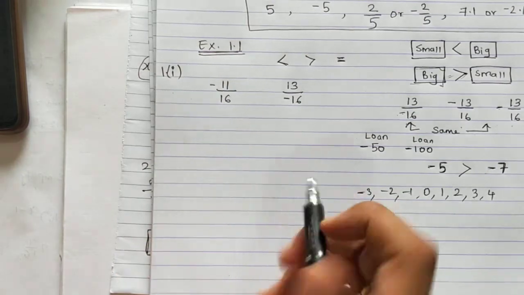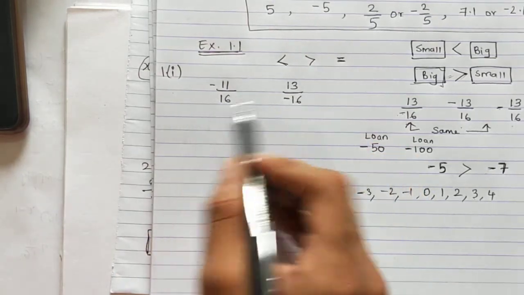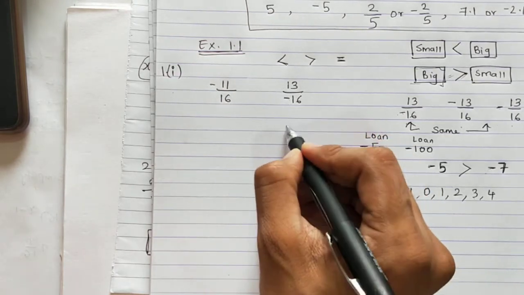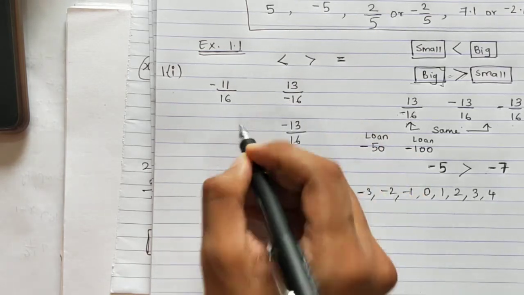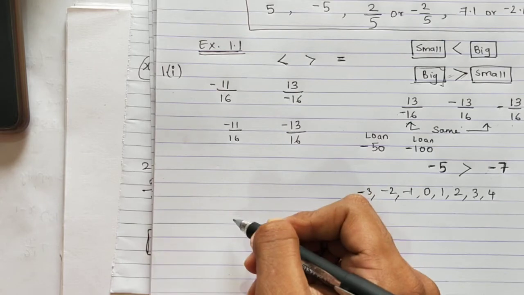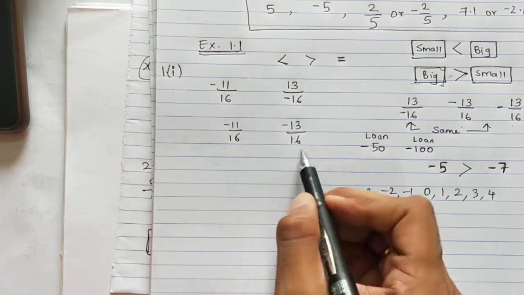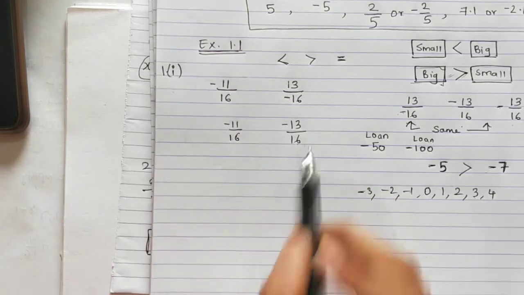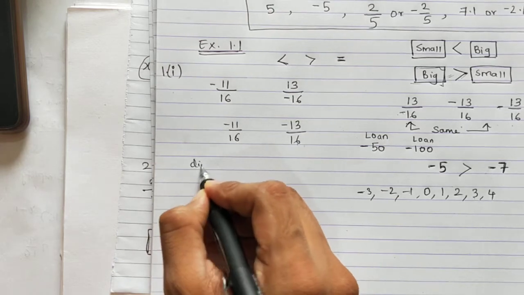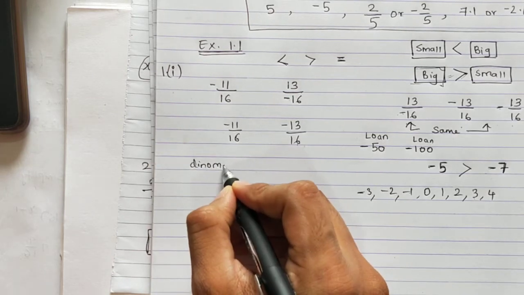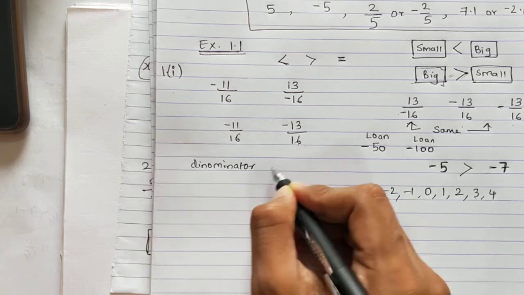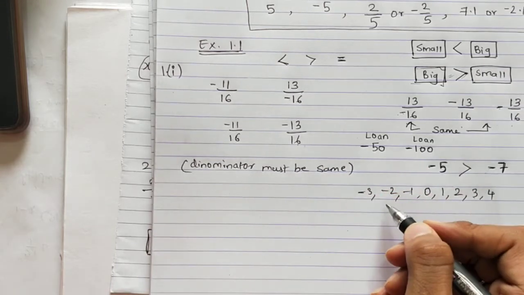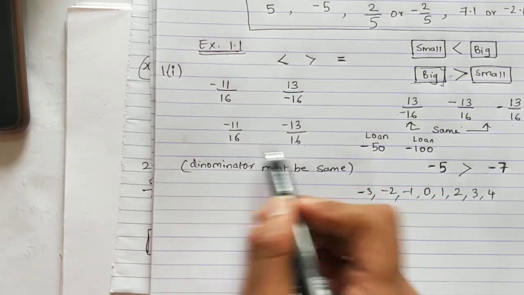Okay, so you should understand this because it will be useful here. So I explained this to you. Now see, now we have to compare them. Okay, so what I will do, here the sign is in the numerator, so I will shift this sign in the numerator. So it is like this. Correct, the denominator is same. See, always remember, if we want to compare the numbers, make sure the denominator is same. Okay, here the denominator is same.